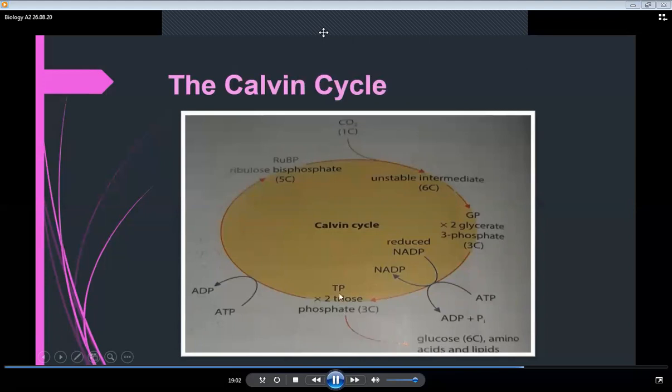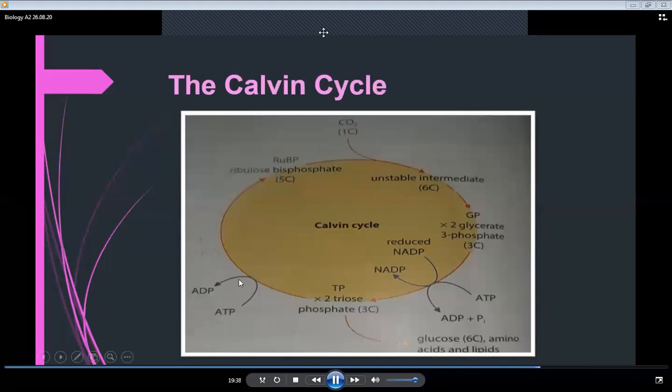Okay, now you see this, what happens to this TP now? Most of the triose phosphate, and that is about 5/6, you can see this is the major quantity of triose phosphate, is used to regenerate ribulose bisphosphate.